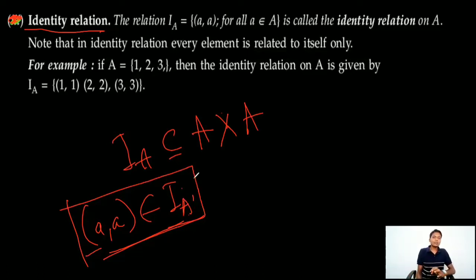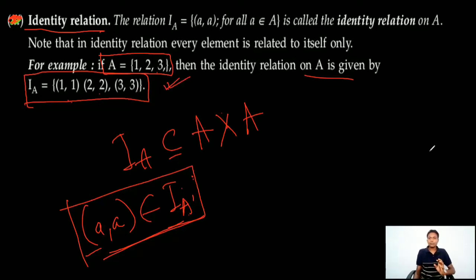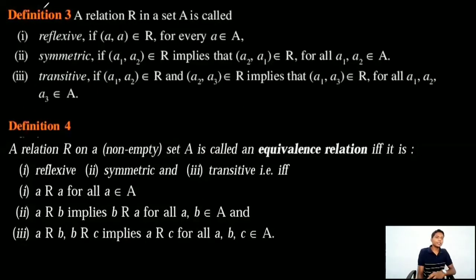Then this kind of relation is called an identity relation. For example, if A is the set containing 1, 2, 3, then the identity relation on the set A is given by (1, 1), (2, 2), (3, 3) lying in this set. Okay, got you? Now definition 3.